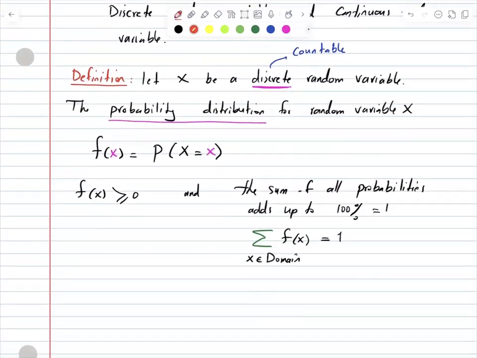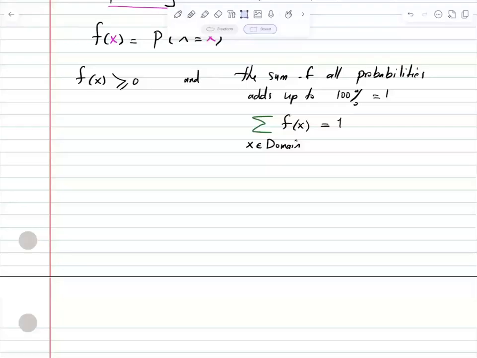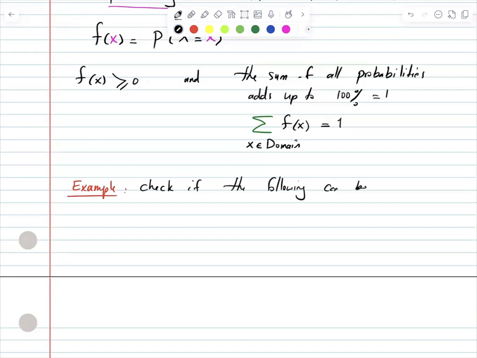Example for you. Let's check to see if, for example, a function can serve as a probability distribution or not. Example: check if the following can be used as a probability distribution.